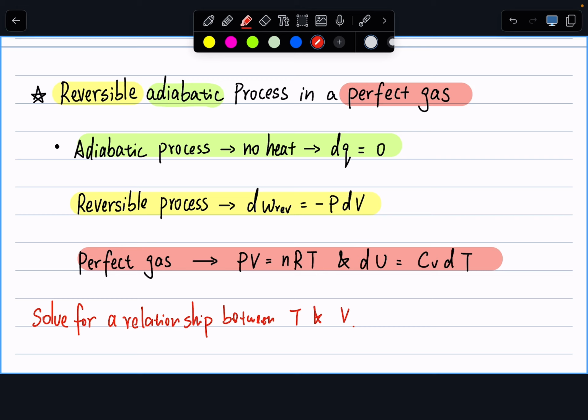All right, and this equation is only true for reversible PV work, adiabatic, perfect gas.